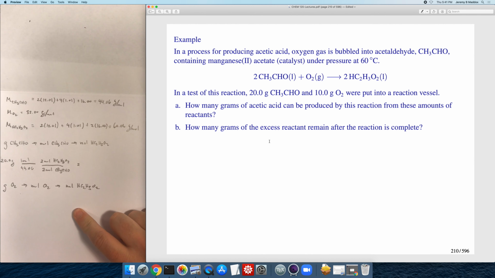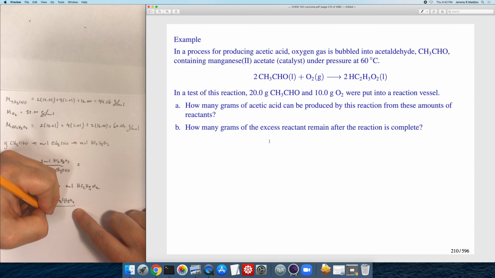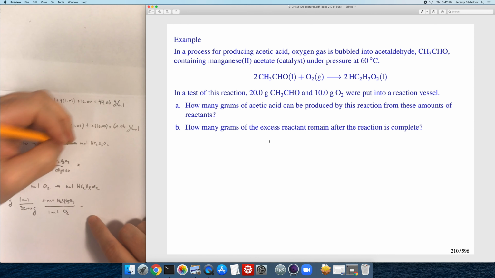We'll do the same thing for the oxygen, so I'll set that up. 10 grams. This time we divide by the molar mass of oxygen. Now we multiply by the stoichiometric coefficients, 2 moles of acetic acid for every 1 mole of O2. And we'll do those calculations.